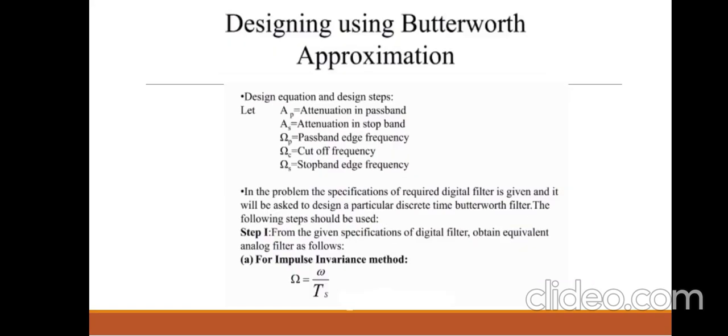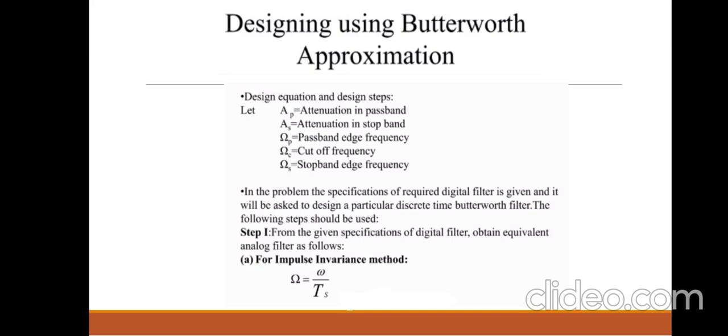Now, as we discussed in the previous slide, Ap is the attenuation in the passband, As is the attenuation in the stop band, Ωp is the passband edge frequency, Ωc is the cutoff frequency, Ωs is the stop band edge frequency. So now we will discuss how we can design the Butterworth low pass filter step by step.